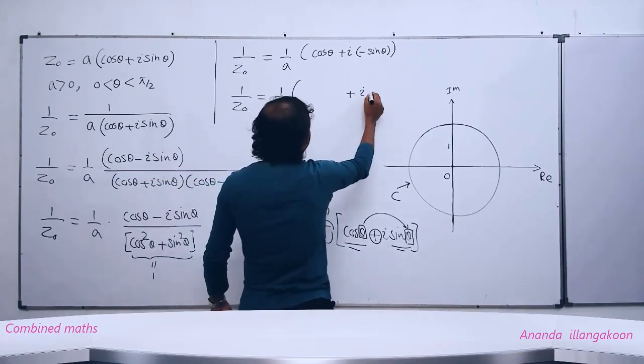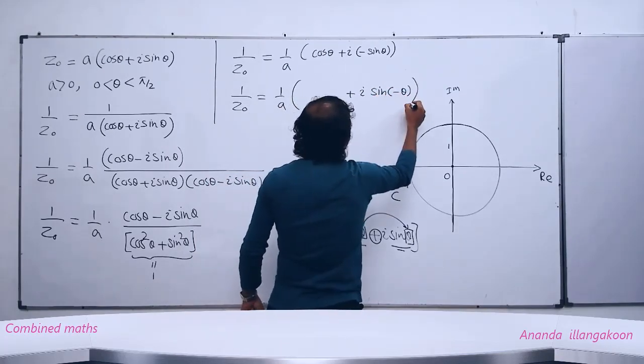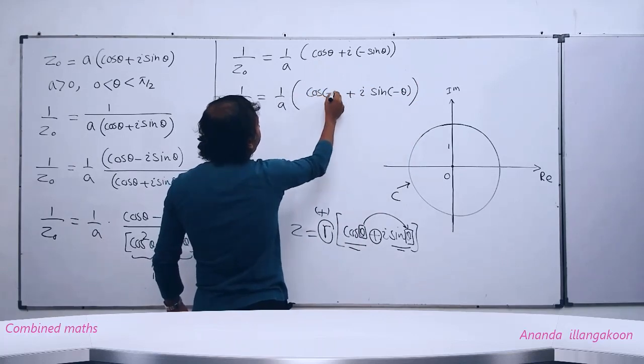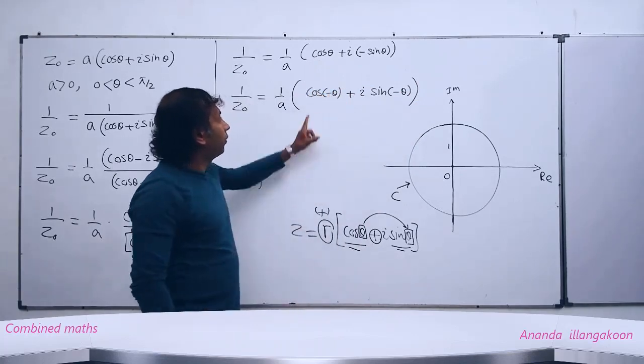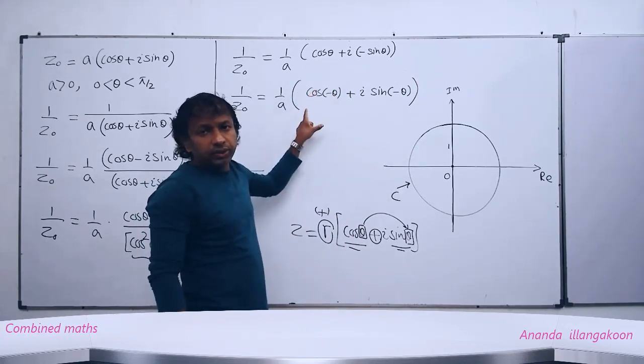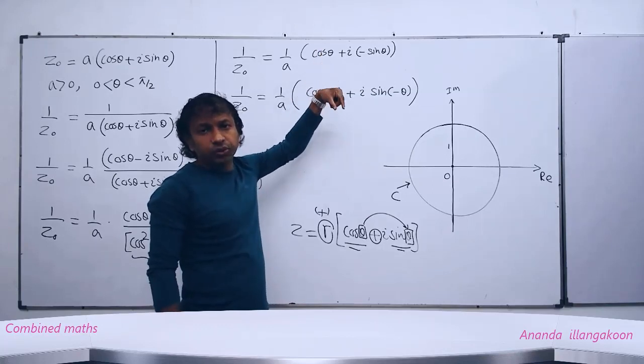This one I can write as i sine minus theta. But people, you know cos minus theta is cos theta. Then this cos theta I can write as cos minus theta, because cos minus theta is cos theta, you know.